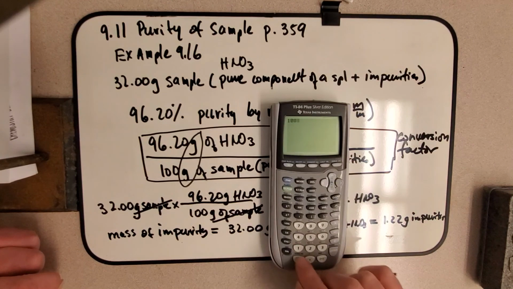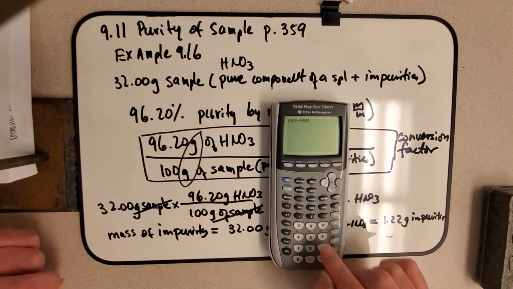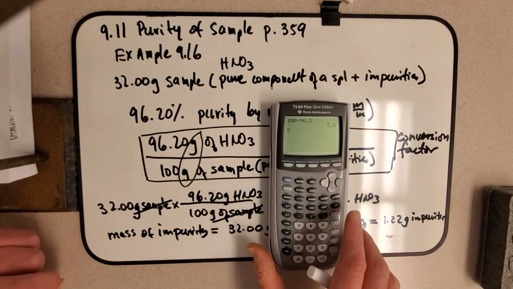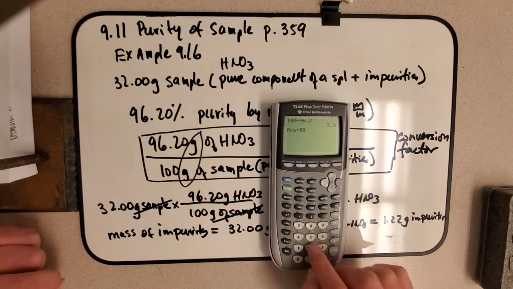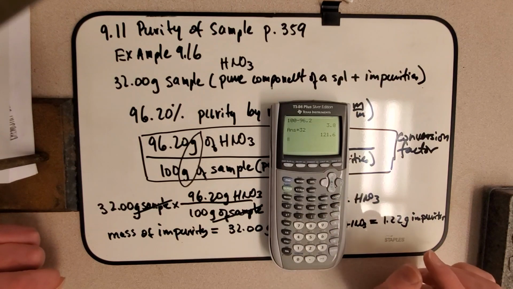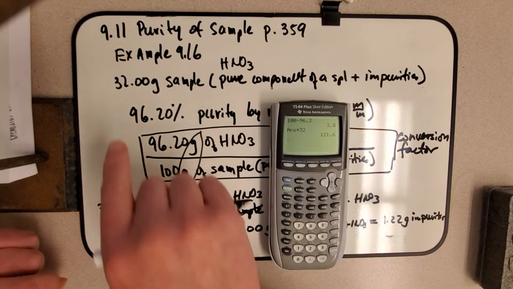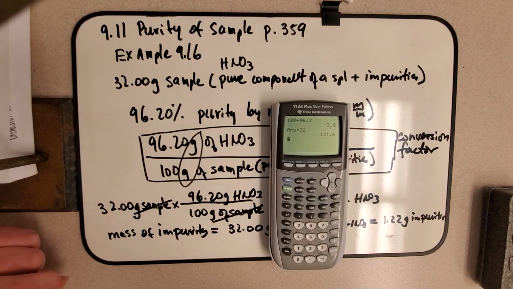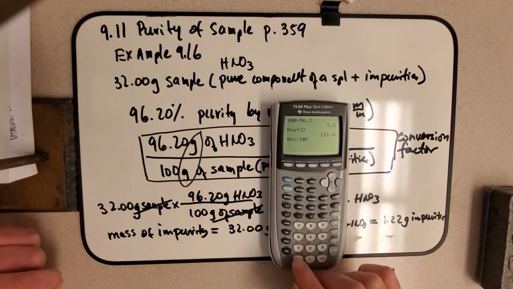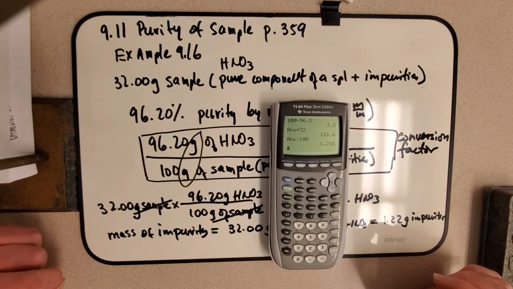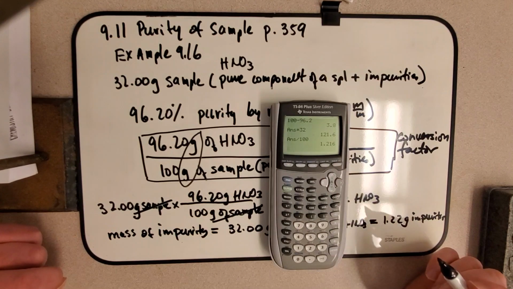I'm going to do 100% minus 96.2%, so I get 3.8%. And I'm going to multiply this by 32 grams. Remember, I used the percentages here, so you will have to divide by 100 to get the actual result, which also came out to be 1.22 grams of impurity.